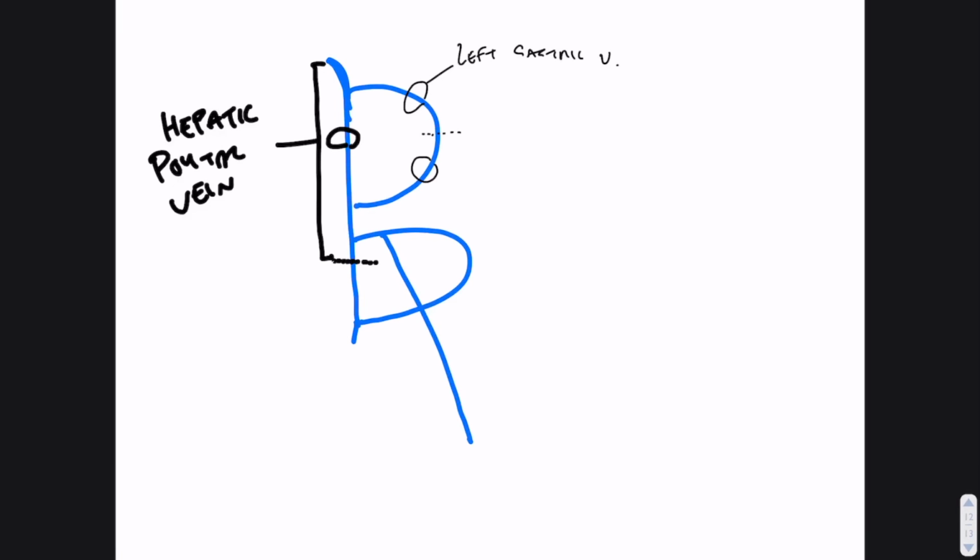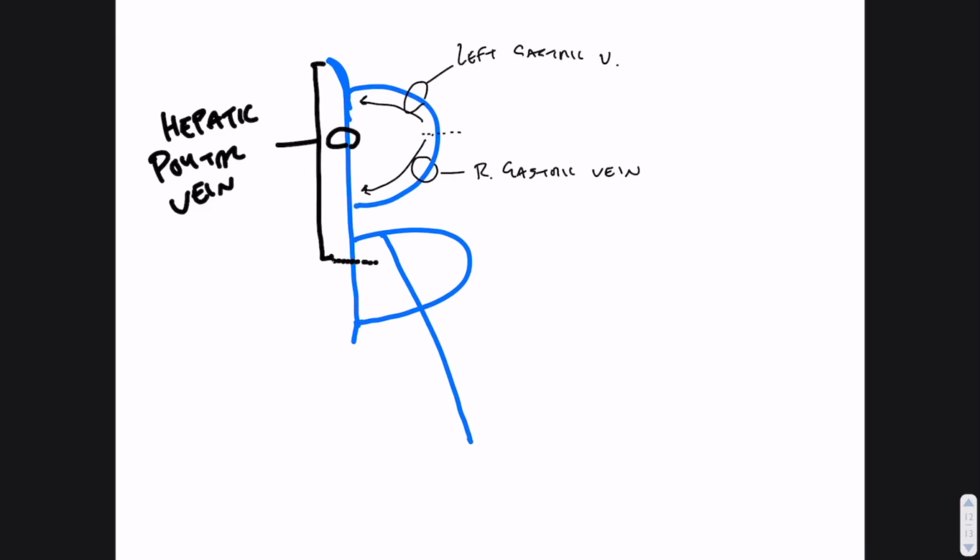So that's draining that lesser curvature. And then we have the right gastric vein. Both of those pathways are kind of gonna go like this. They're both headed towards that hepatic portal vein, which eventually is gonna head into the liver. And I'll show you what that looks like once we get there.